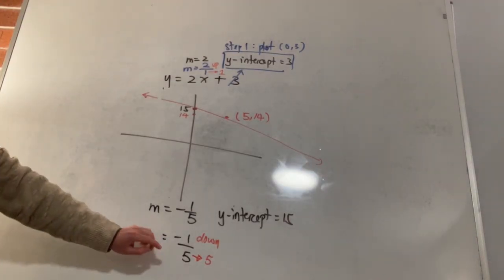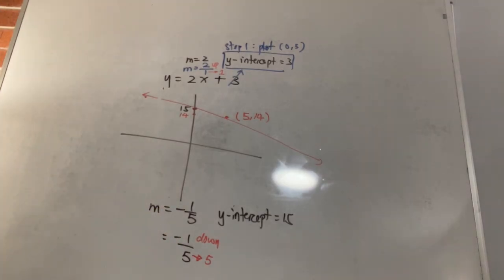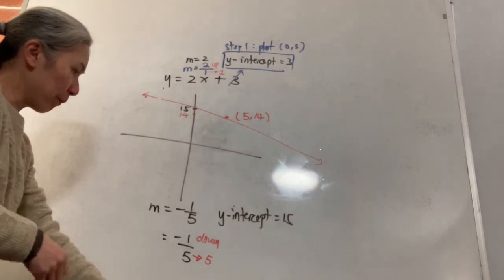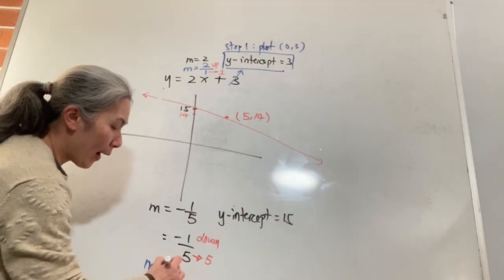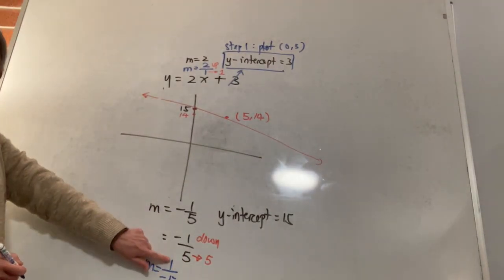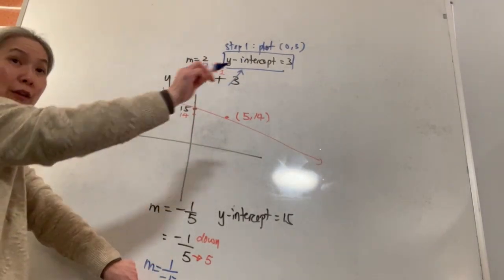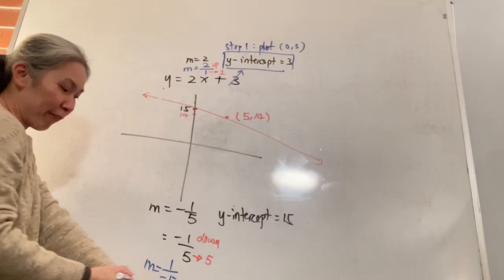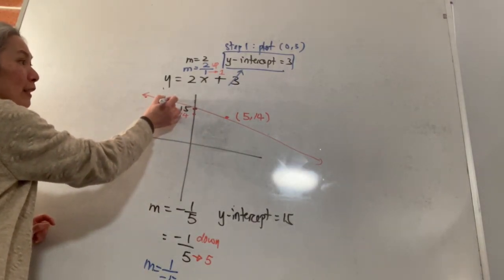Rise over run: instead of rise, you go down because it's negative 1. Why do I say it doesn't matter? If I put in m as 1 over minus 5, that means I go up by 1, but it's minus 5, so instead of going to the right, I go to the left by 5, which is this point.